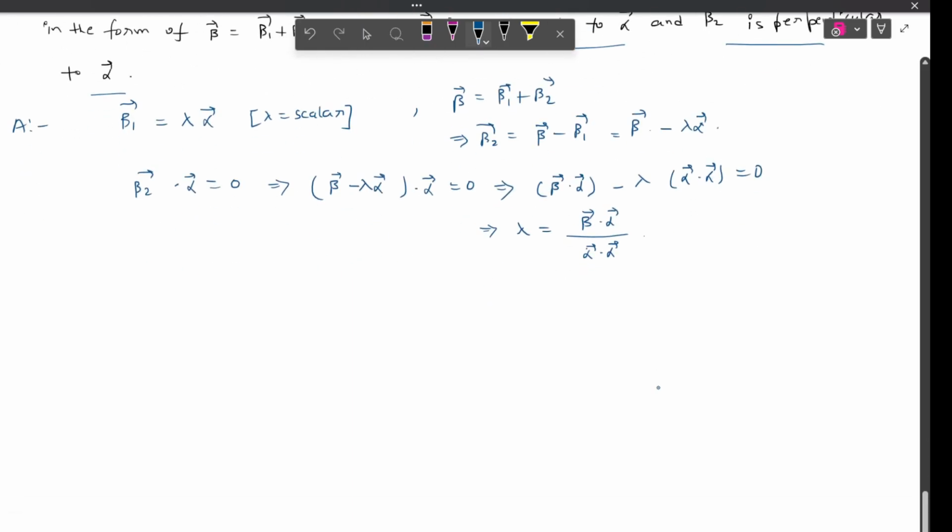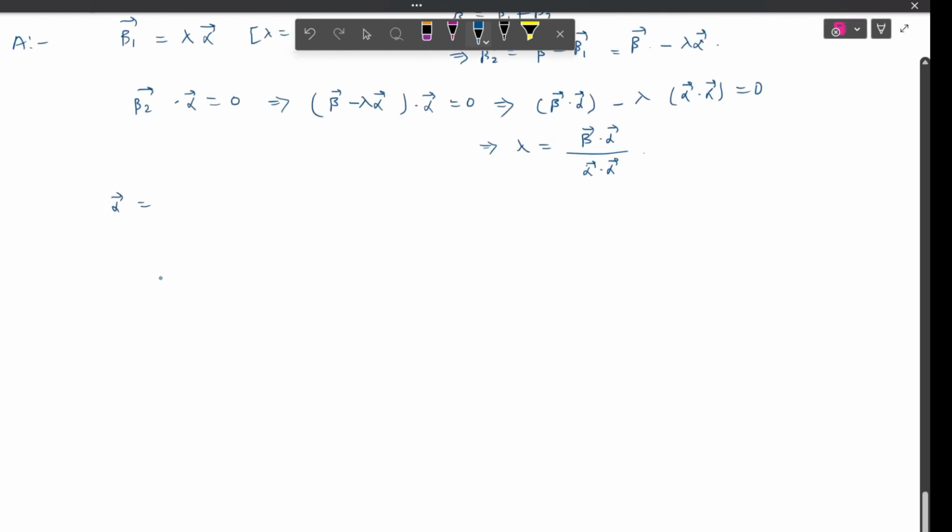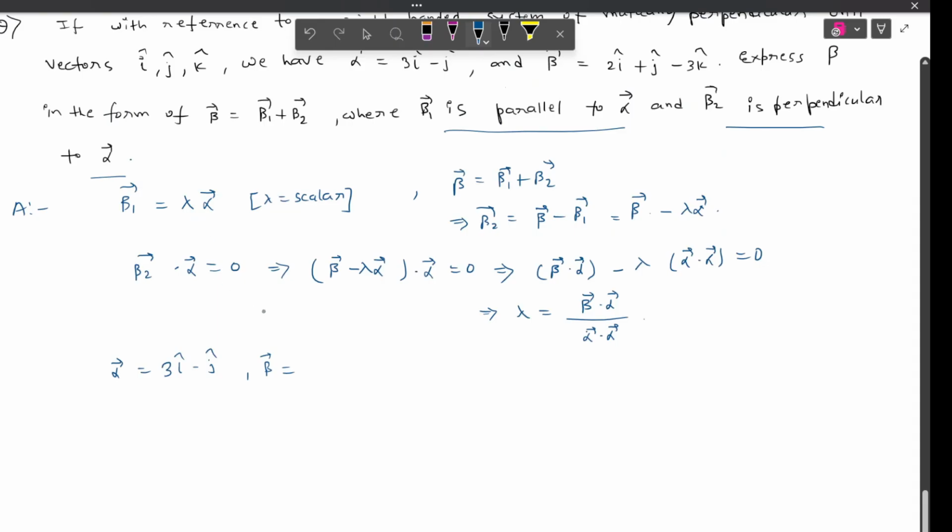Now alpha and beta vector are given. Alpha vector is given as 3 i cap minus j cap, and beta vector is given as 2 i cap plus j cap minus 3 k cap.